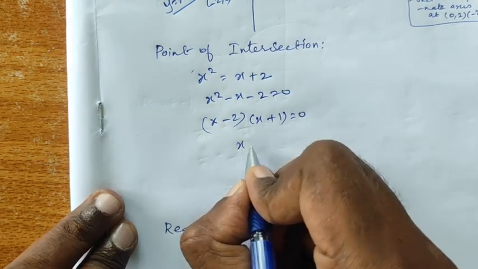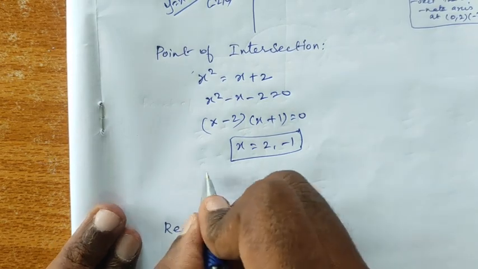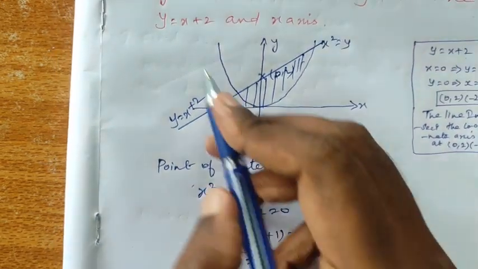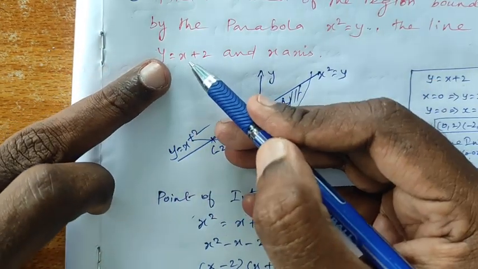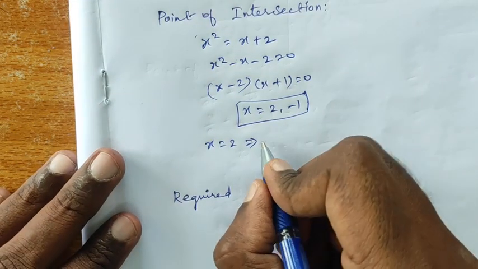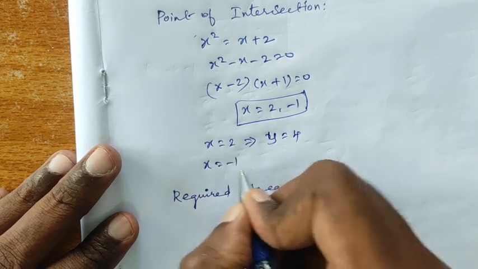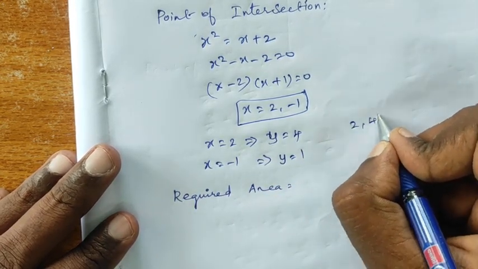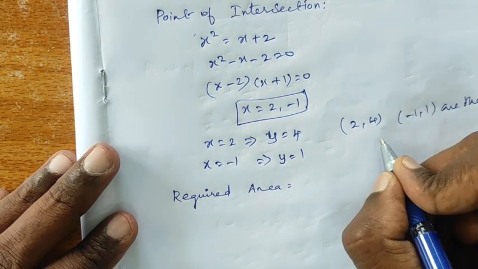You know that x is equal to 2, minus 1 are the values. So when x is equal to 2, if you substitute x is equal to 2 here, we will get y is equal to 4. When x is equal to minus 1, y is equal to 1. Therefore, 2 comma 4 and minus 1 comma 1 are the points of intersection.